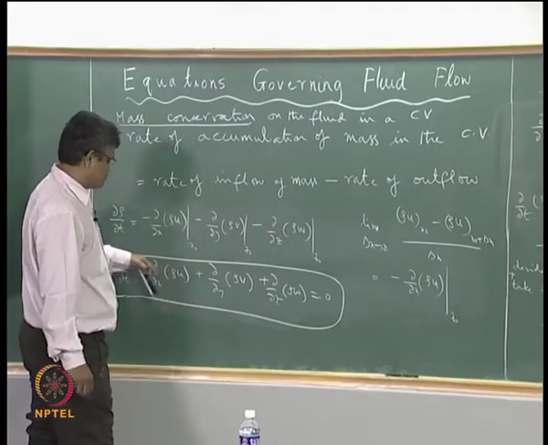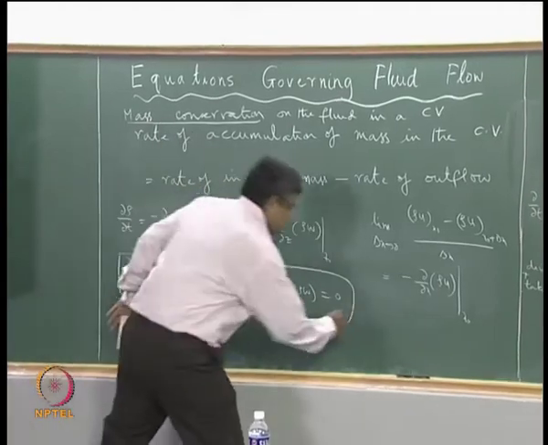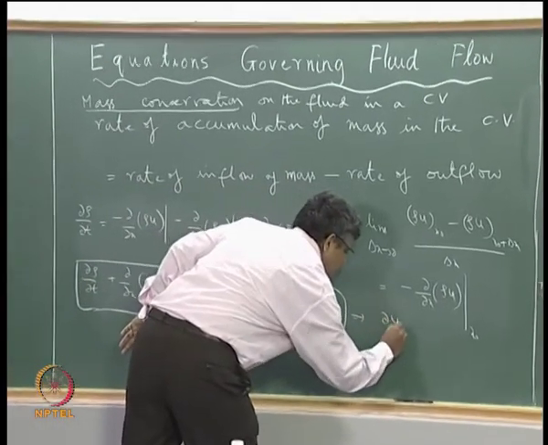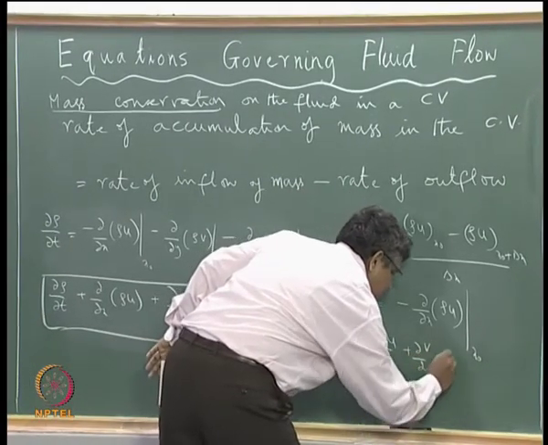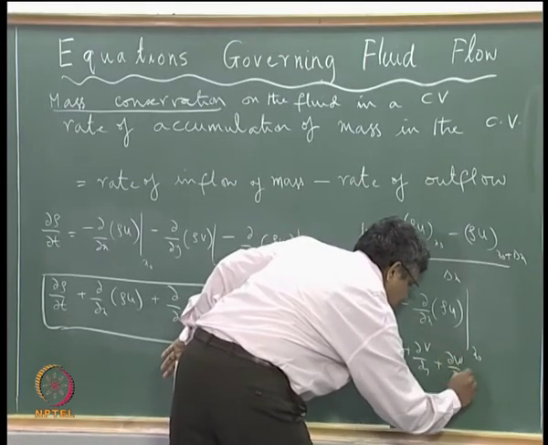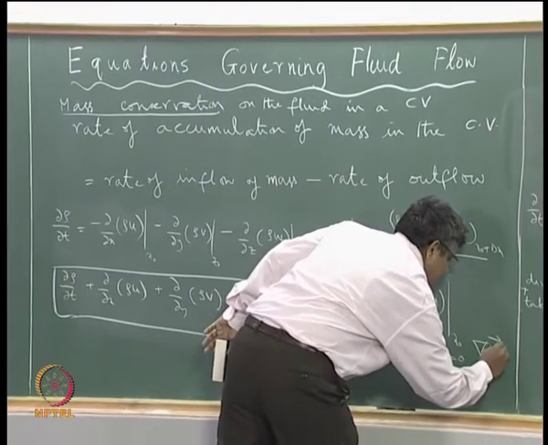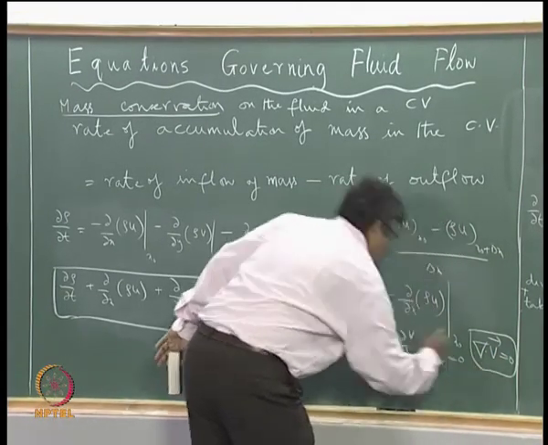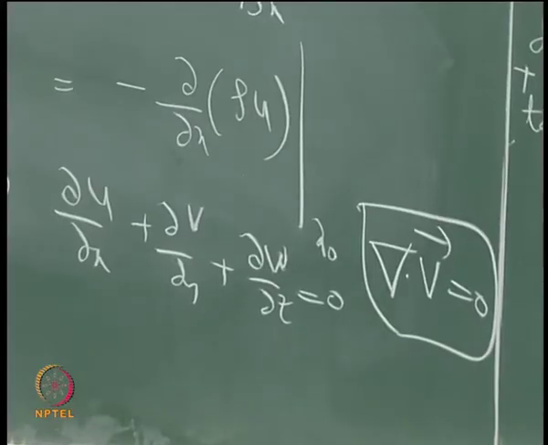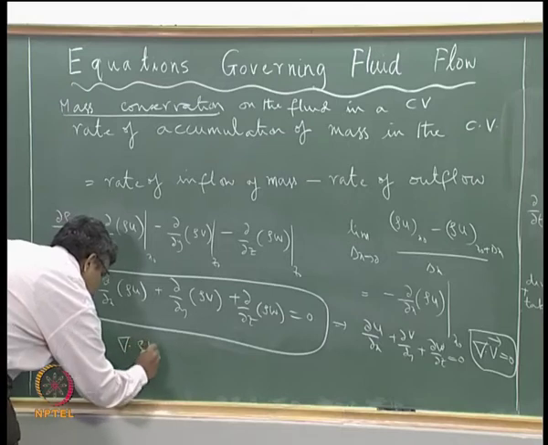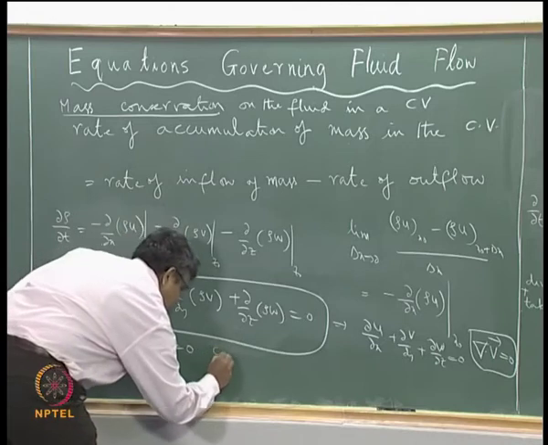So we can take it out of the derivatives, and since the right hand side is 0, this equation reduces to the simpler form of ∂u/∂x plus ∂v/∂y plus ∂w/∂z equal to 0, or del dot v equal to 0. This is also known as the continuity equation, and in the more general case we have del dot ρv equal to 0. This is the continuity equation.